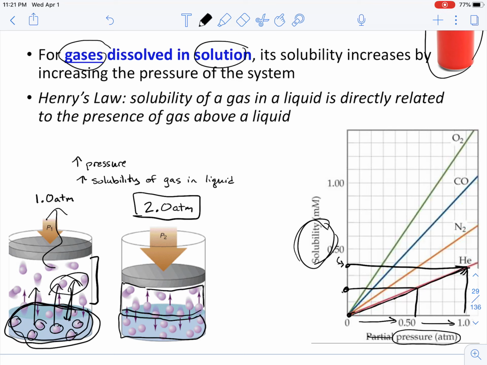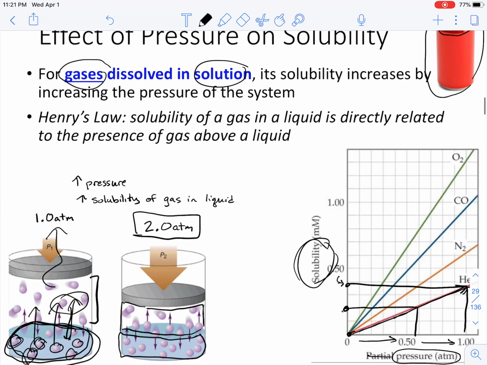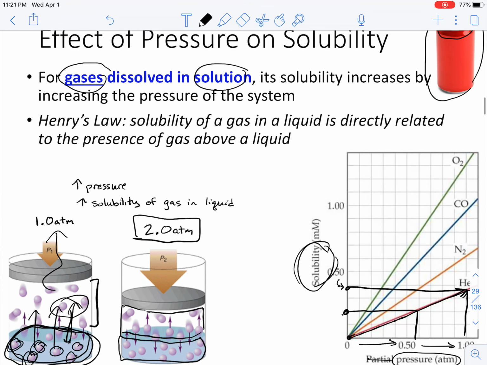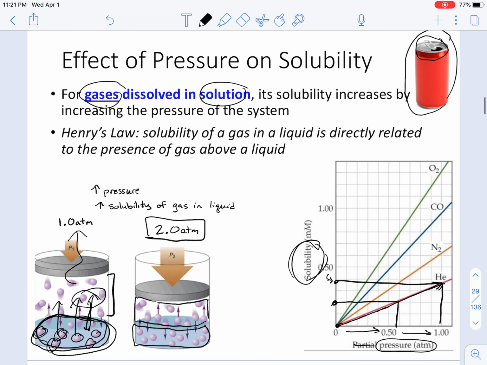And when you're drinking this carbonated beverage, you're feeling that bubbly feeling down your throat. And that's because you have all of these carbon dioxide molecules that are basically entering the gas phase. They're losing their solubility to be dissolved in solution.